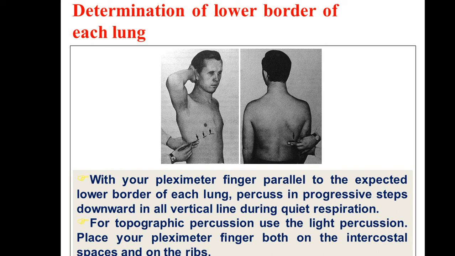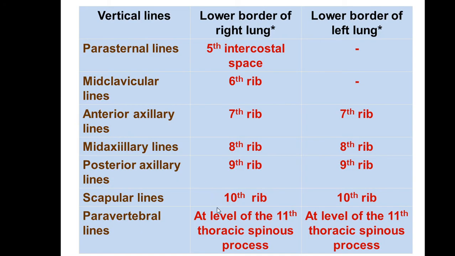and for the lower border you should percuss along the whole set of lines, which we already know. The lower border of the right lung always starts from percussing the parasternal line space by space, localized at the fifth intercostal space, and then go on to detect by the mid-clavicular line, localized on the sixth rib, anterior axillary line, mid-axillary line, posterior axillary line, scapular line, vertebral line, and the lower border of the left lung.